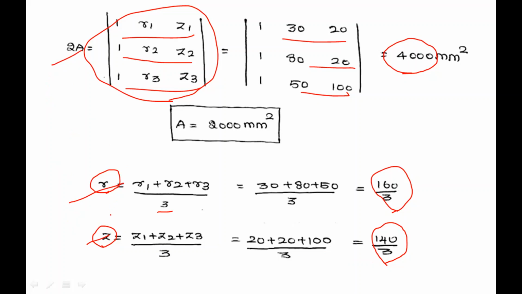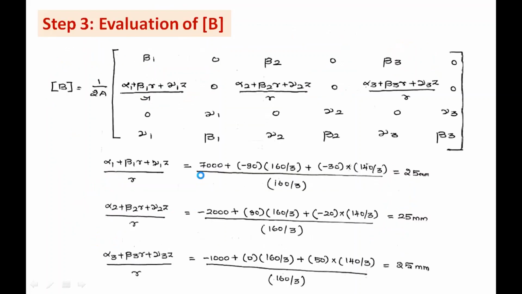Let us go to the next step, evaluation of the B matrix. For the axisymmetric problem, the B matrix, the gradient matrix, will be a 4 by 6 matrix.